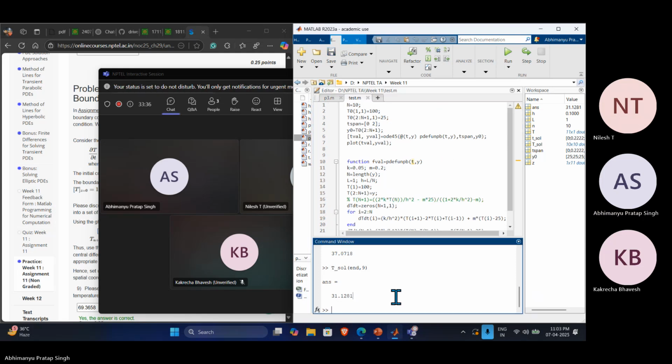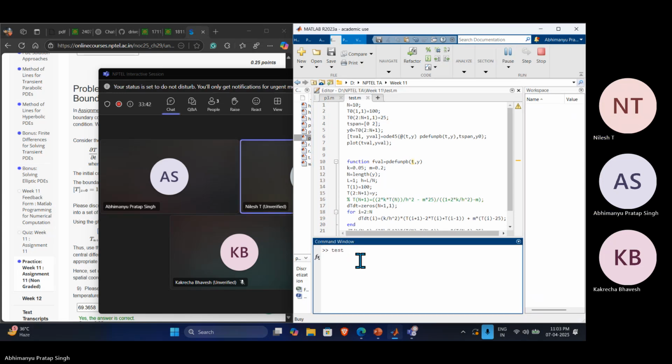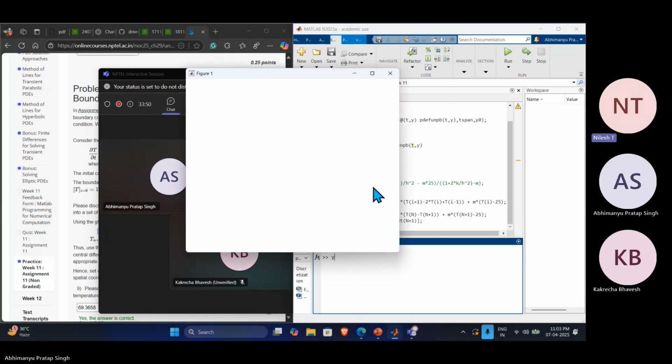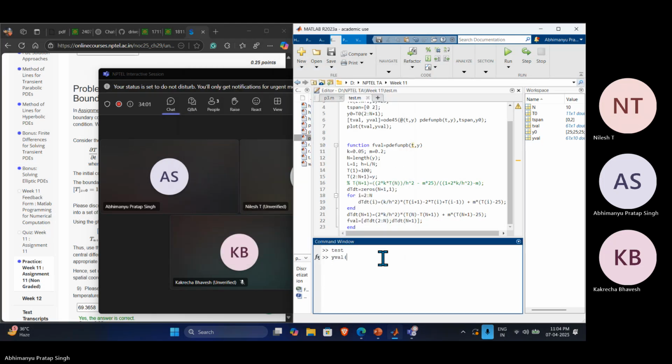See. At 2, because I have just plotted 9 values, which shows 80.